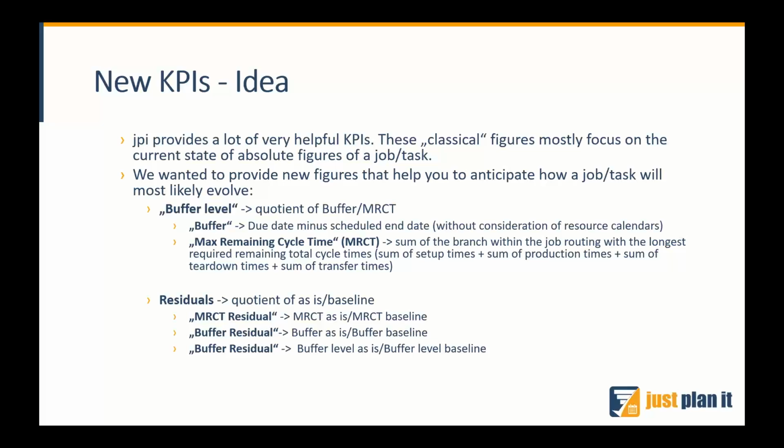Then we have what we call the maximum remaining cycle time. And that is getting a bit tricky, as you can see from the formula here. It is the sum of all setup times, the sum of all production times of all tasks, the sum of all teardown times, and the sum of all transfer times, but of the branch within the routing that is the longest.